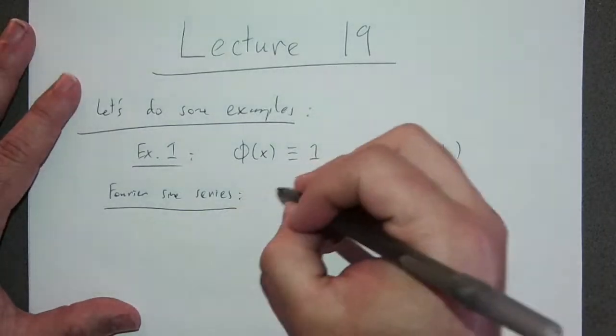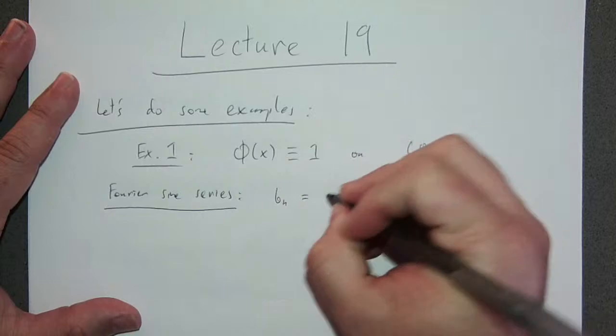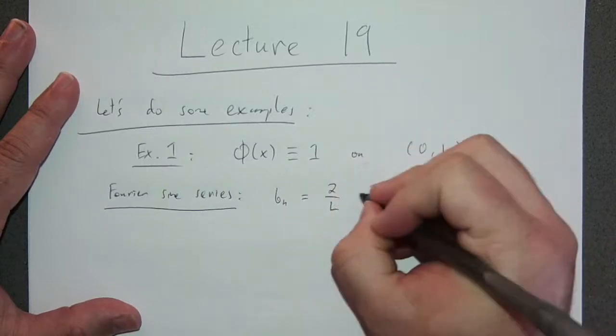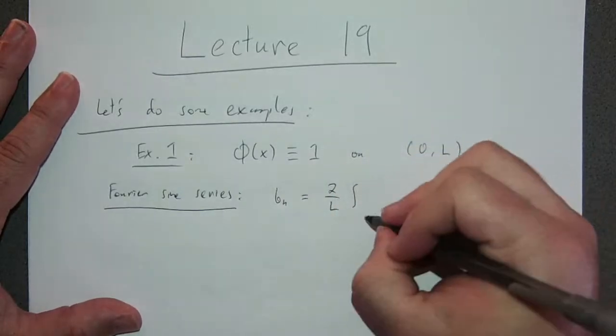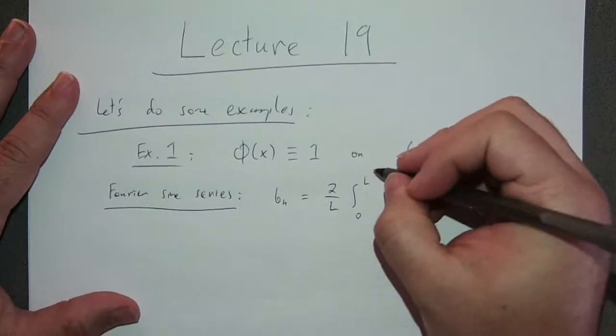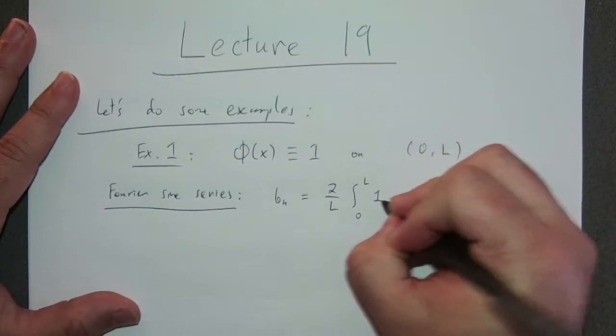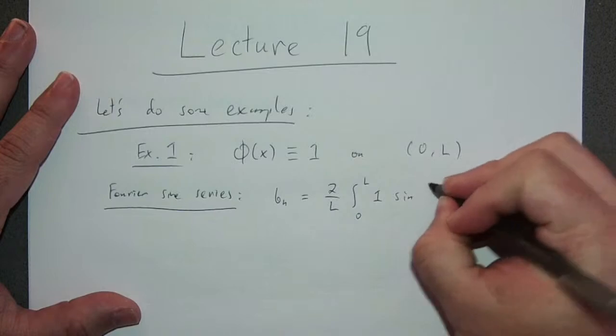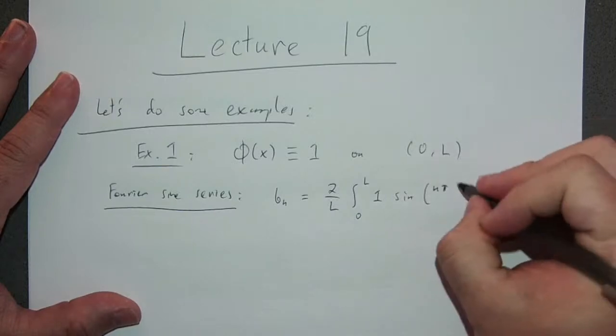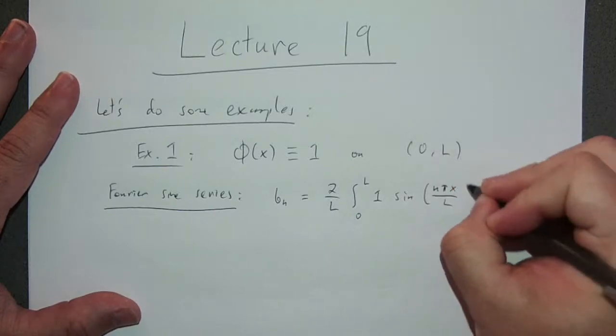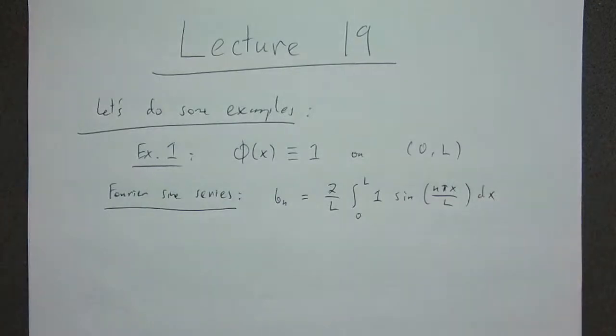So how are these coefficients written? b sub n is 2 over L times the integral from 0 to L of 1 times sine of n pi x over L dx.